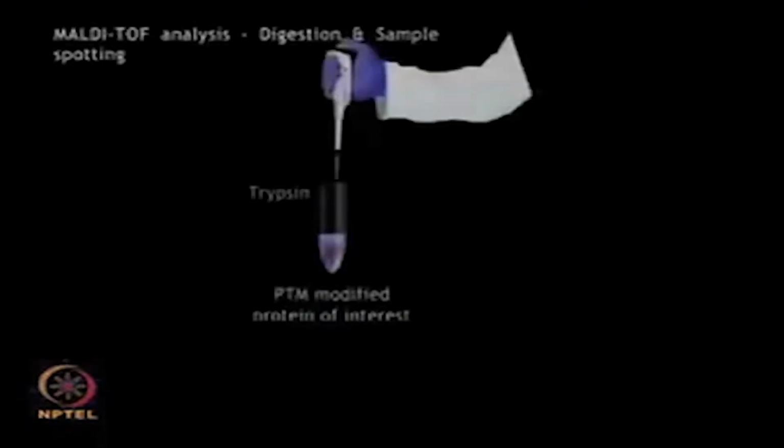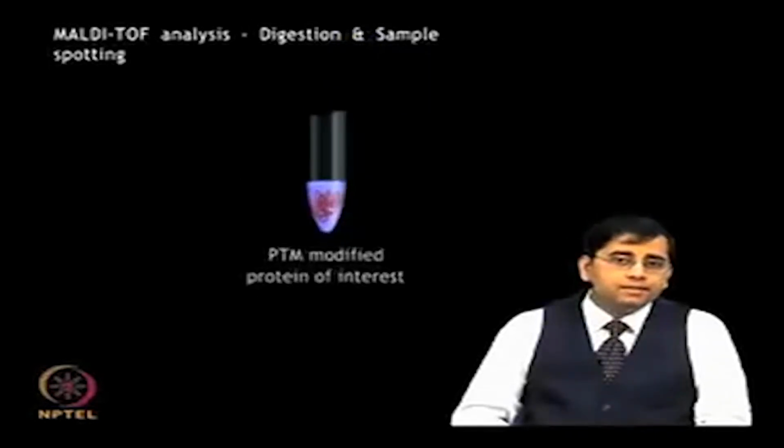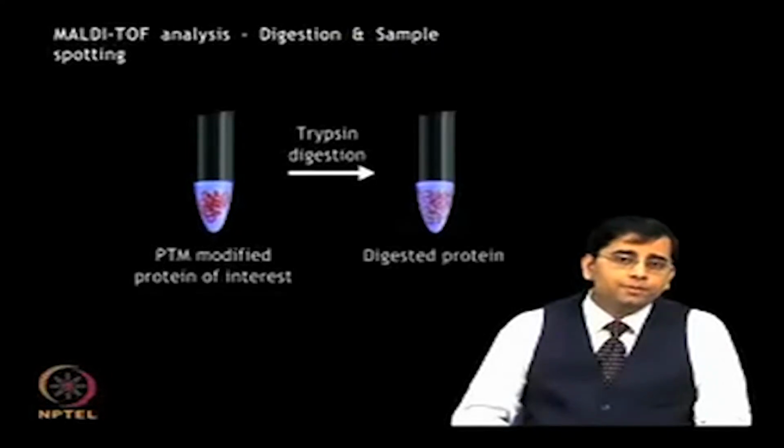PTMs can be detected by means of mass spectrometry due to the unique fragmentation patterns of phosphorylated serine and threonine residues. The modified protein of interest is digested into small peptide fragments using trypsin.